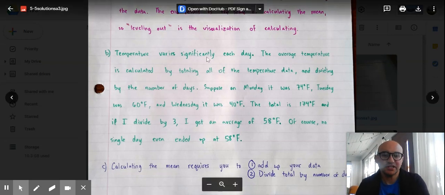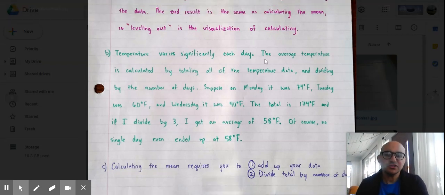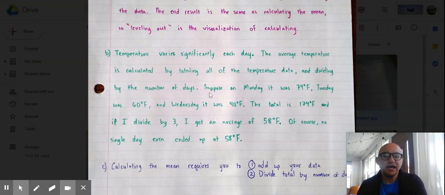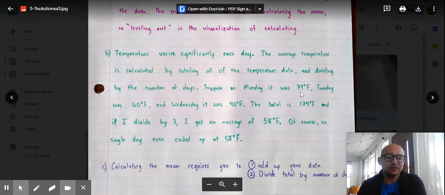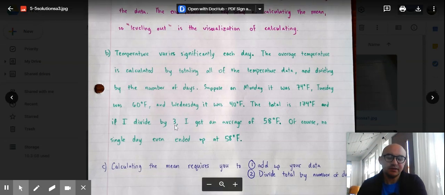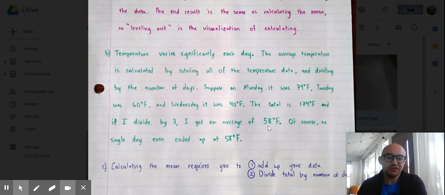On this, we're just interested in the temperature. The average temperature is calculated by totaling all the temperature data and then dividing by the number of days that you took that data. For my answer for part B, I gave an explanation. Suppose on Monday it was 74 degrees, Tuesday 60, and Wednesday 40. The total, if you add those together, is 174. Since I had 3 days, I divide by 3. I get an average of 58.